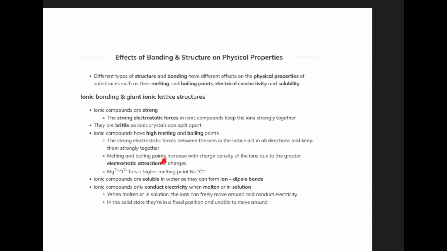Melting and boiling points increase with charge density of the ions due to the greater electrostatic attraction of charges. Let's understand this term, charge density. What is that? It is actually charge over size.